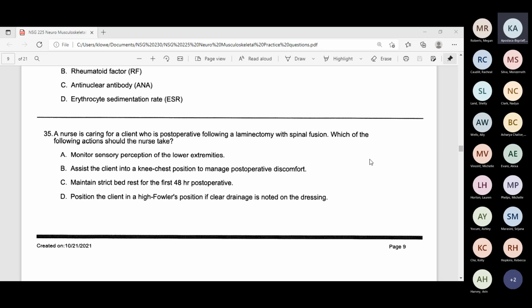Maintain strict bed rest. It's actually A. Yeah, those patients with a spinal fusion, we wouldn't need to keep them on bed rest. What they do is they have a hard brace, like a shell brace. So we would roll them to their side and help them to get up on the side of the bed and ambulate. So we would be monitoring for sensory perceptions.